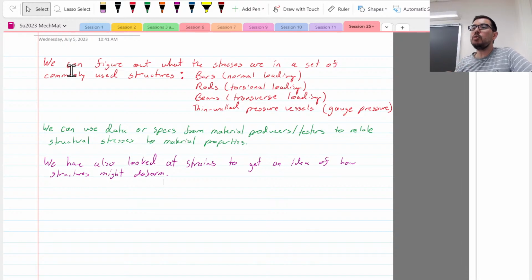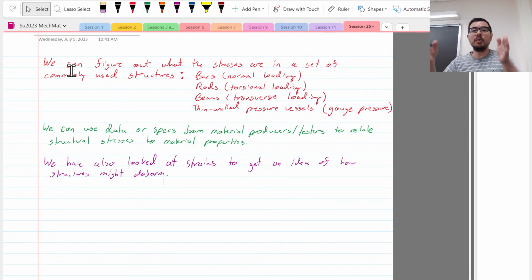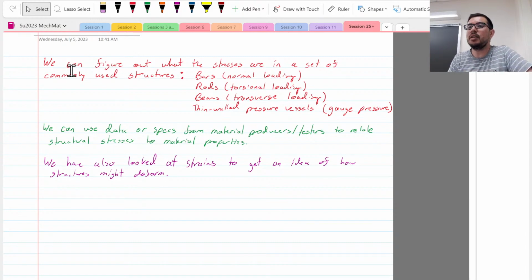When you choose where to sit on a bench, you know that if the bench has just two legs or two supports on either side, if I sit in the middle, I'm going to have the most deflection, right? If I sit closer to one of the supports, I'm going to have less deflection. I'm going to put less strain, less stress on the structure. Okay? So I hope it's a little bit eye-opening.